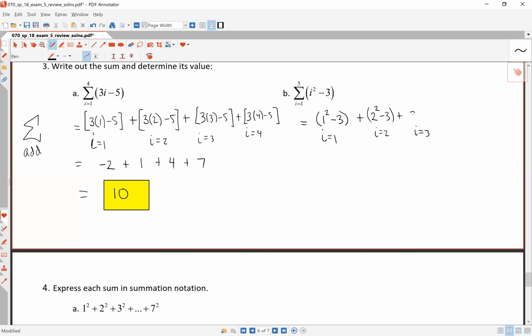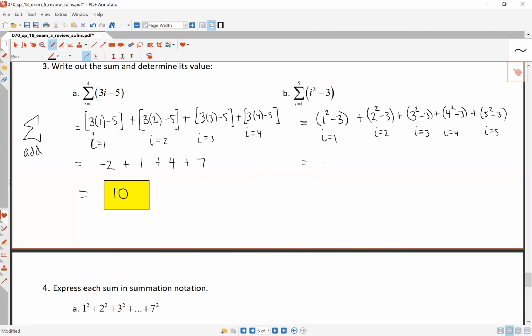The third term, 3 squared minus 3. The fourth term is 4 squared minus 3. The fifth is 5 squared minus 3.